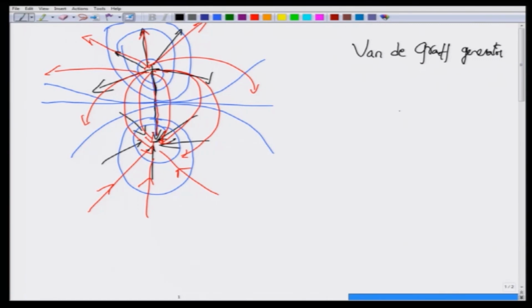Okay. What does a Van de Graaff generator look like? It actually is very simple. Conceptually, there is an insulating piece covering up a metal, and then there is a big shell of a large radius that is made up of metal.